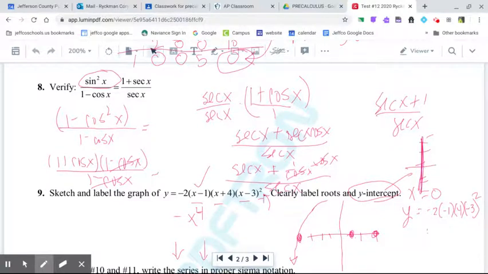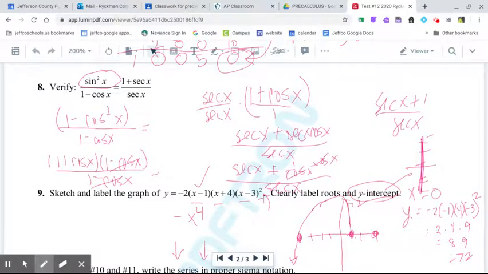So the y-intercept should be something like 2 times 4 times 9, or 8 times 9, or 72. So the y-intercept is going to cross way high at 72.